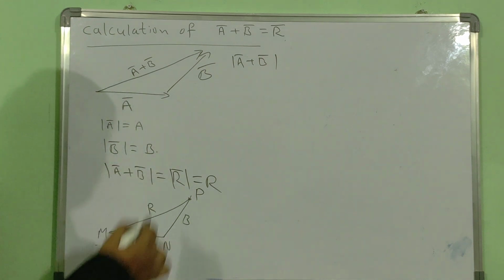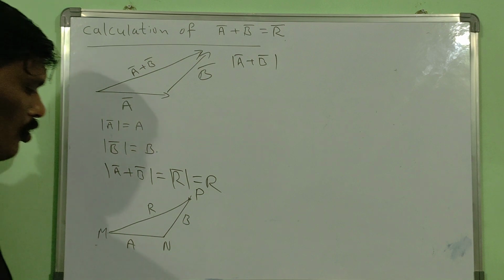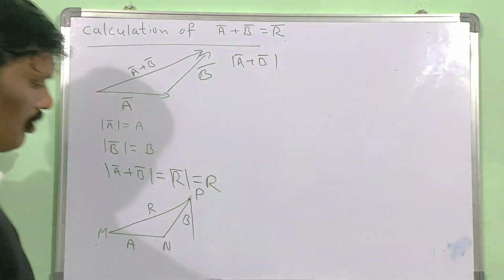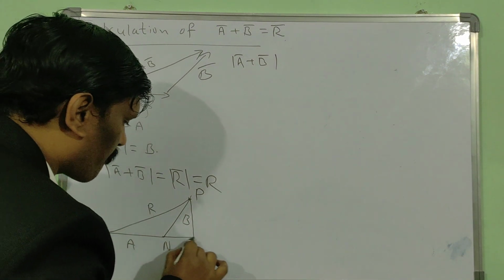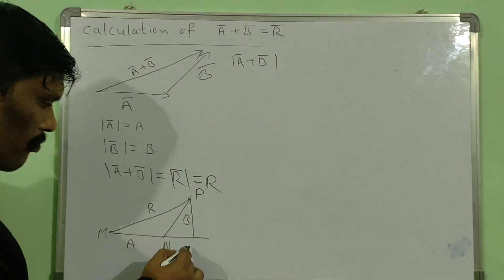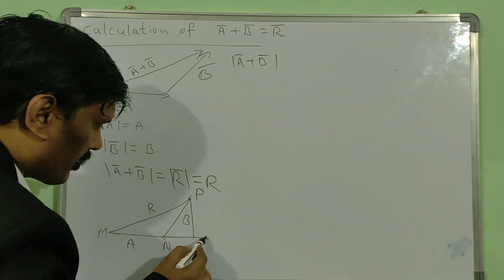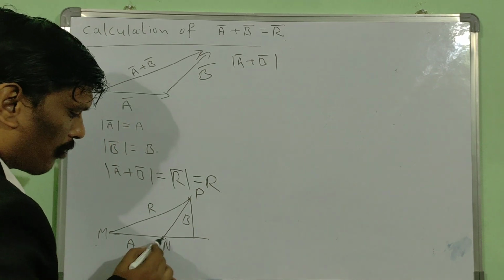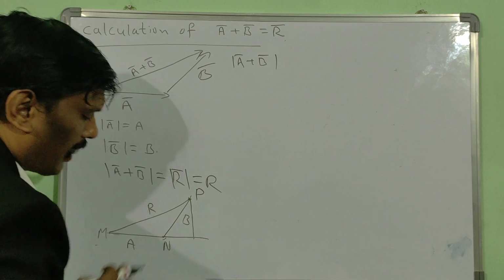Here I am going to drop a normal on the produced MN. That means I am going to produce MN, or extend MN, and I am going to get a line.